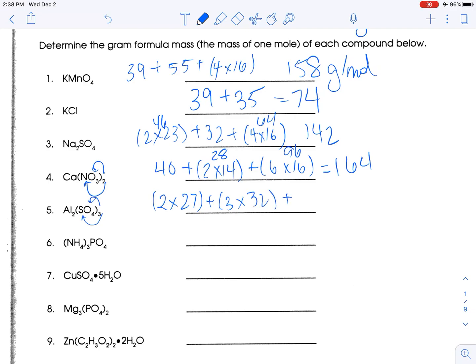And 3 times 4, which is 12 oxygens times 16. 27 times 2, 54. 32 times 3, 96. 12 times 16, 192. 54 plus 96 plus 192, 342 grams per mole.